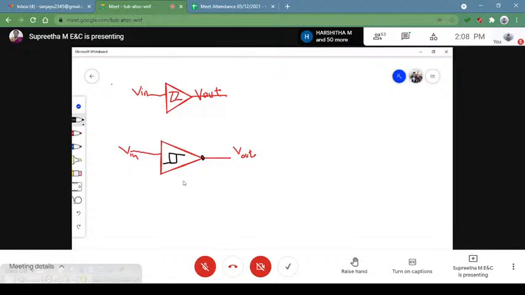So this is your non-inverting Schmitt trigger representation with an inversion at the end. Is that fine? Any doubts?